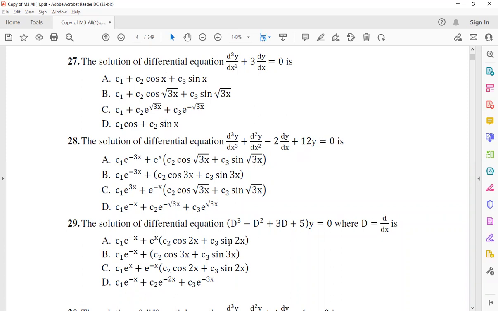So e raised to alpha x is e raised to 1x. And here it is only one option which is having e raised to alpha x, e raised to 1x. So is this the correct one? A? Check. Is A correct?